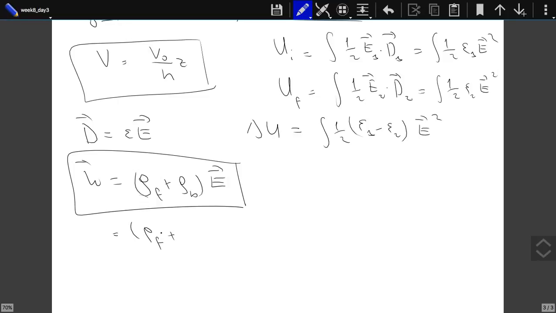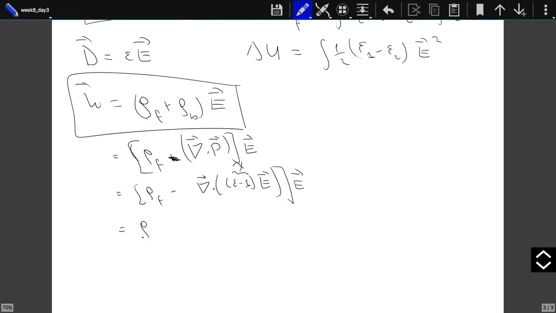Rho bound, we can just say that it is minus the divergence of P. This P is epsilon minus 1, this is chi, times E, which will be rho free minus the gradient of epsilon times E minus epsilon minus 1 times the divergence of E.